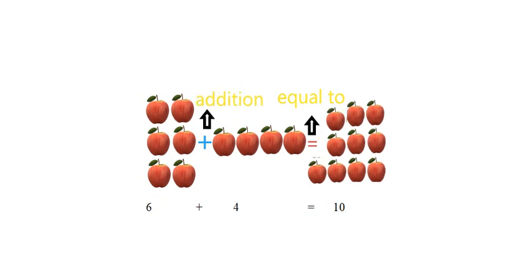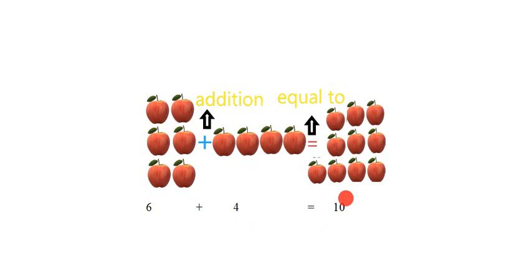Next, how many apples do we have? Let's count them. 1, 2, 3, 4, 5, and 6. These are 6 apples. And how many apples are these? 1, 2, 3, and 4. So these 6 apples plus these 4 apples equals how many apples?